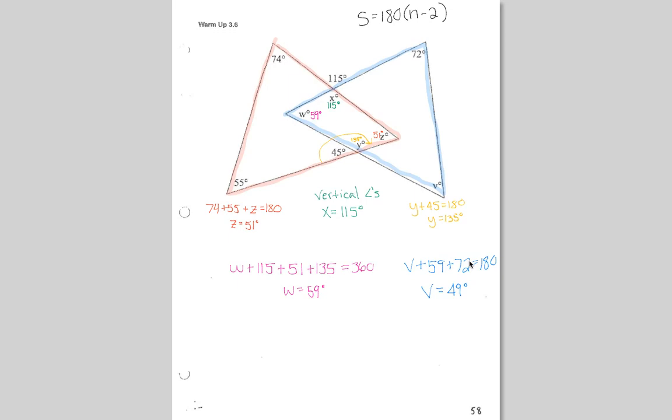Here we go. Questions on that? There will be one, I call that a puzzle style question, on your assessment. Not saying it'll be as hard as that one, but just something to get you using the properties to work your way through it to find a missing angle.